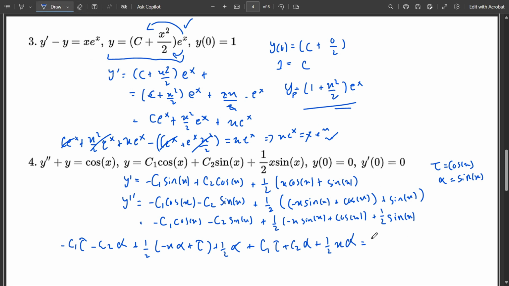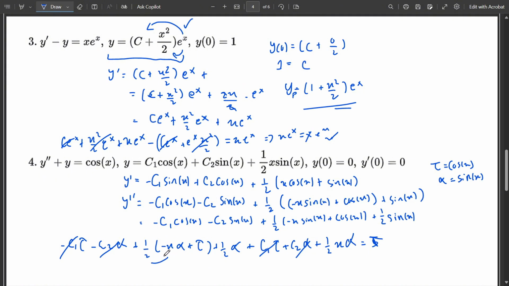Does it equal tau? Okay, let's just leave it as this. And we can see here, can we cancel things out? Plus C1. Oh, look, we can cancel this one, and this one, C2, this one. And oh, look, we can cancel this.